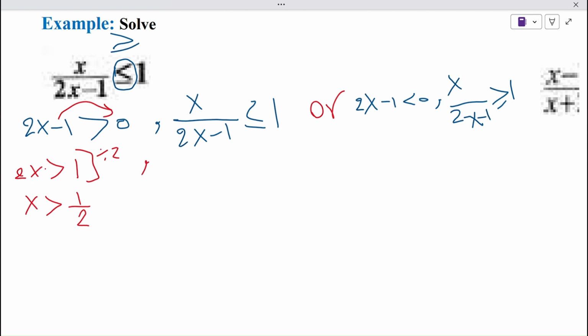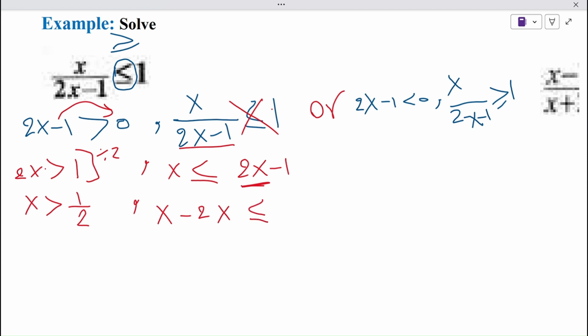Here we have x less than or equal to 1 times this term, 2x minus 1. And then put this 2x to the other side. This becomes x minus 2x less than or equal to minus 1. So x minus 2x is equal to minus x less than or equal to minus 1.